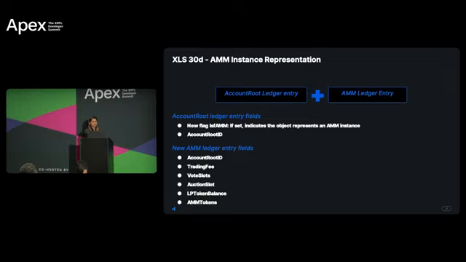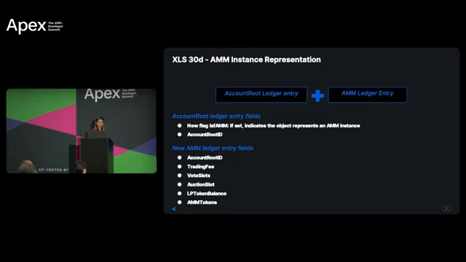And the new AMM ledger entry has the following fields. The first is account root ID, which is the account root ID of the corresponding account root object. The trading fee, which specifies the trading fee in basis points that is to be charged for trading against that specific AMM instance. Vote slots keeps track of the votes for the trading fee. I'll talk about it more later.